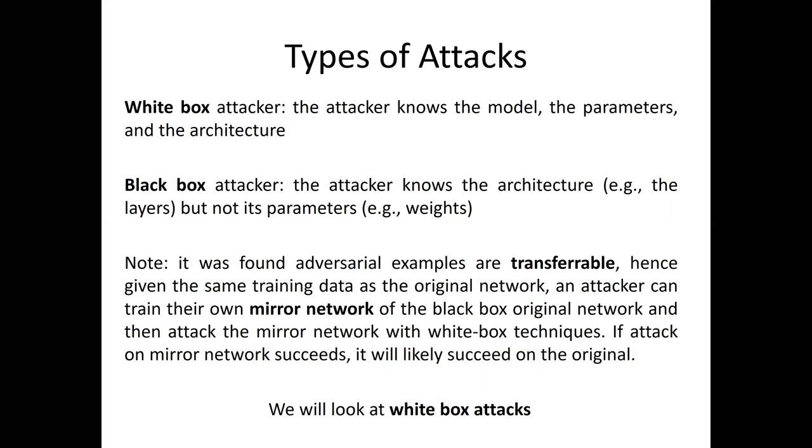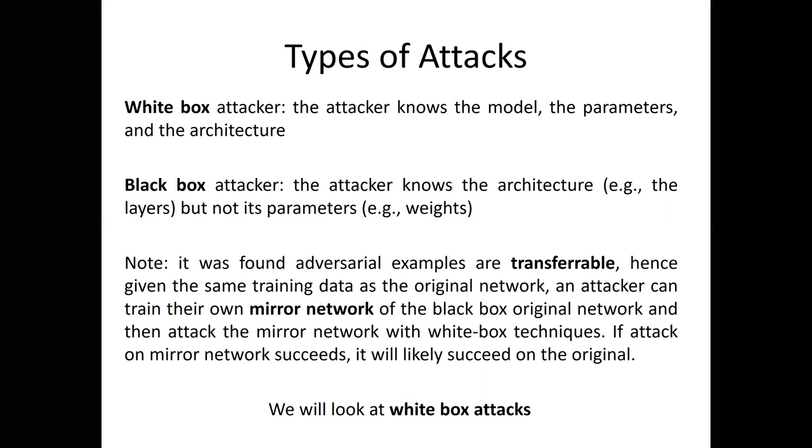What it means is that if I have a model which I have trained with some data, and the attacker has no access to this network, but they may know some of the architecture, maybe most of it, then if they have access to the data on which the original network was trained, they can train a mirror network.